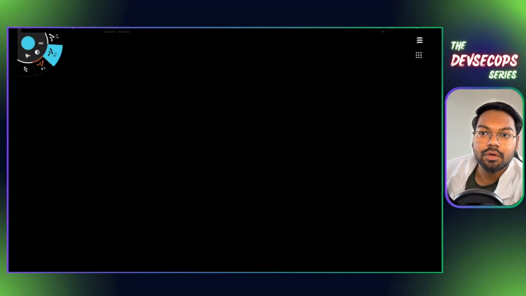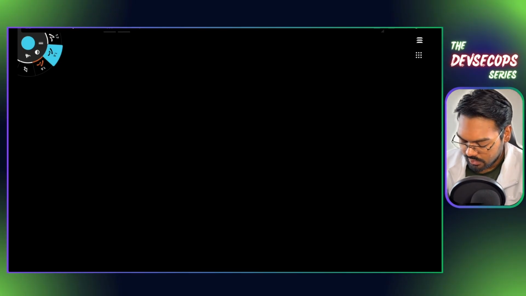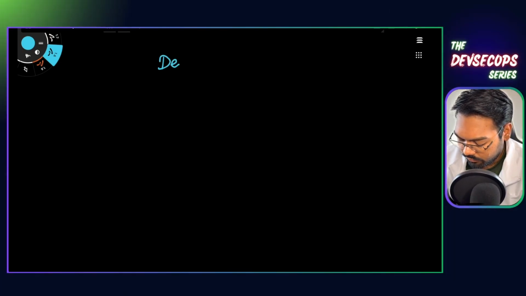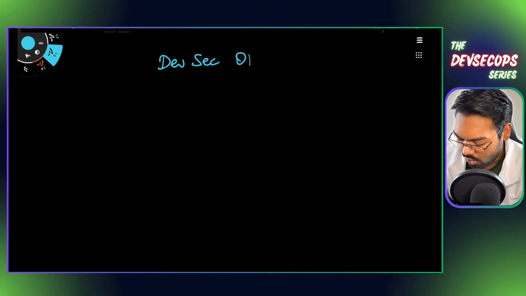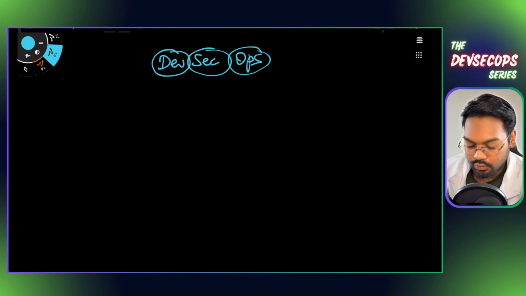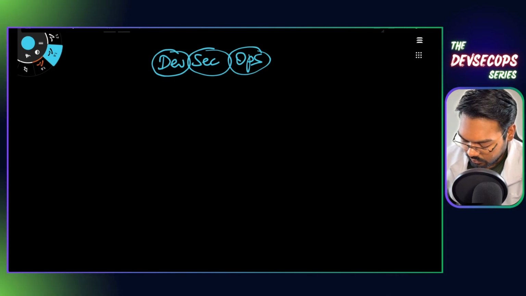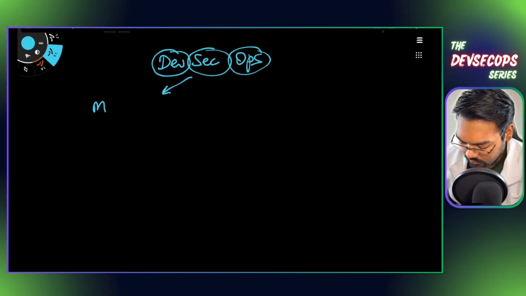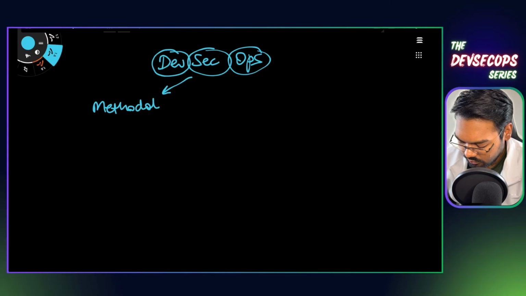So let's begin with the very first important difference we need to know, when we talk about dev, sec, and ops: development, operations, and security. There are two things you need to first know about it. One is the different methodologies.